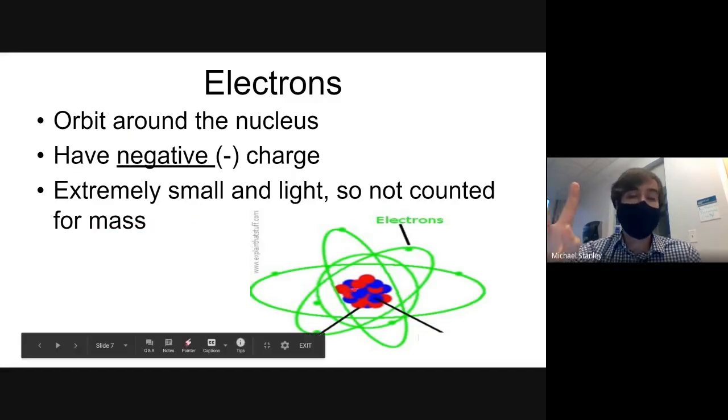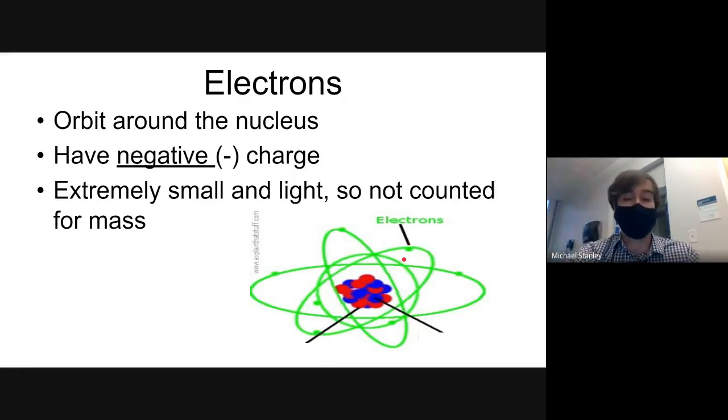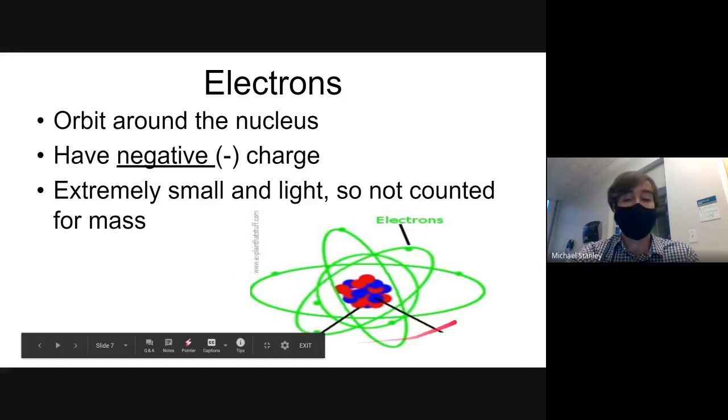Again, only the protons and the neutrons count for the weight. Electrons are even super duper teeny tinier than protons and neutrons. So they basically don't really get counted. They just kind of do their thing and circle around the outside of the nucleus in their little orbits around here.